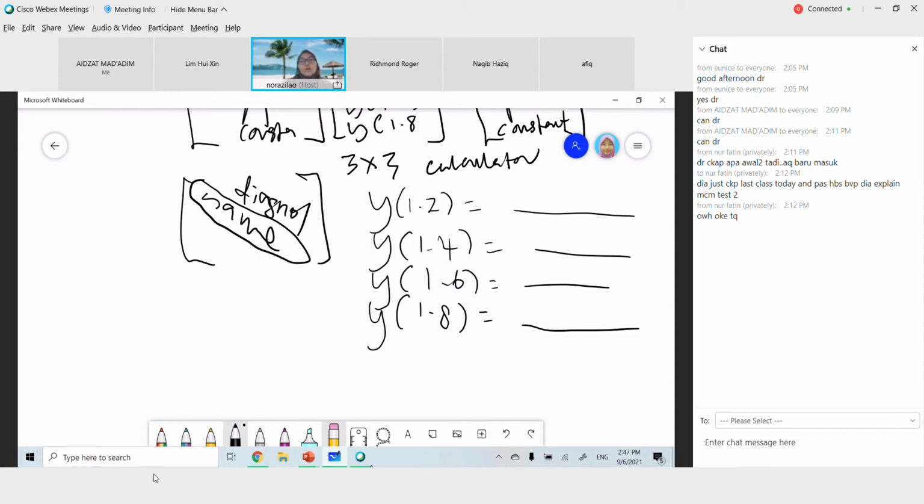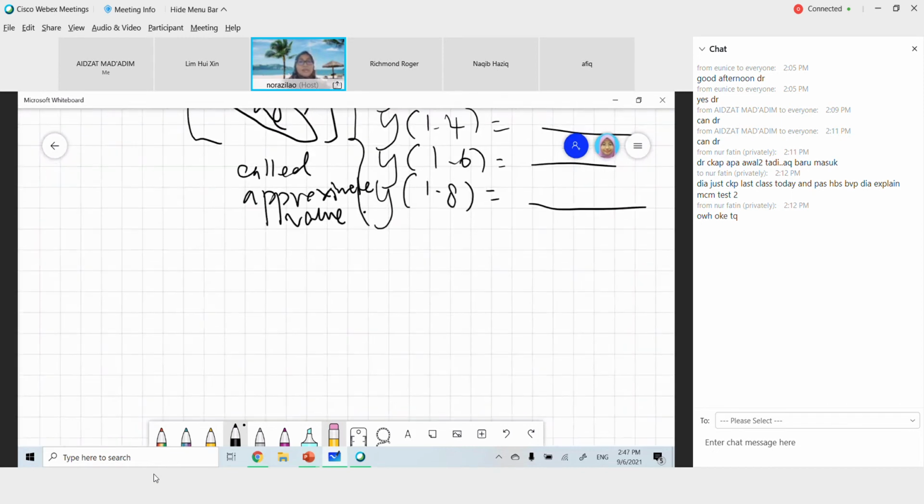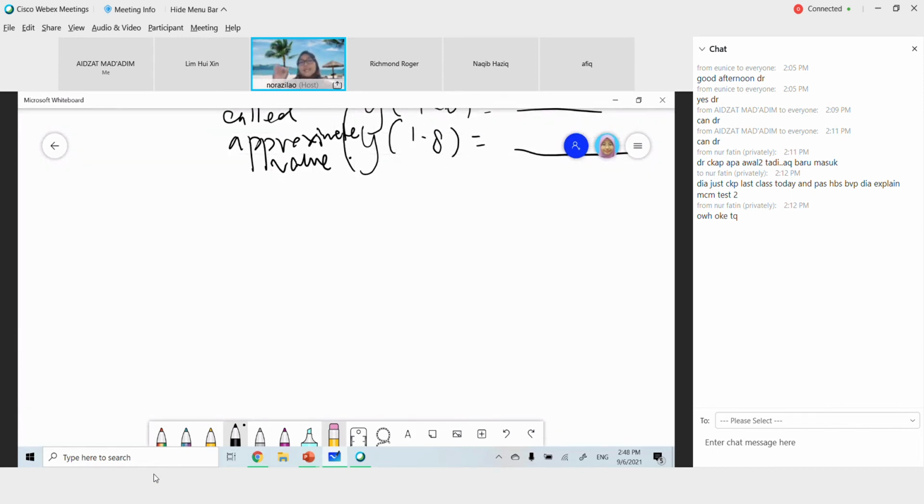Okay, so all of this value we call as approximate value. Boleh faham? Then, if you use calculus, this is true value. This is analytic solution.